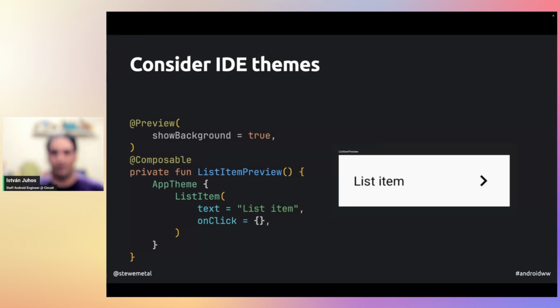Also, our show background parameter doesn't take into consideration the theme at all that we're using inside the composable. But suddenly, this list item preview becomes much more convenient to preview for any people who are using any theme in their IDEs. Perfect.